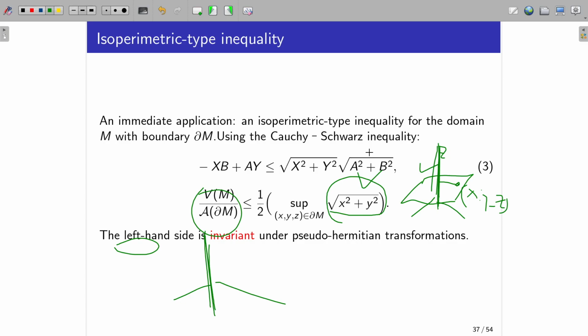Okay, but how about if you move M including the z direction? So the ratio must be controlled by the maxima of the distance of the point to the z direction.